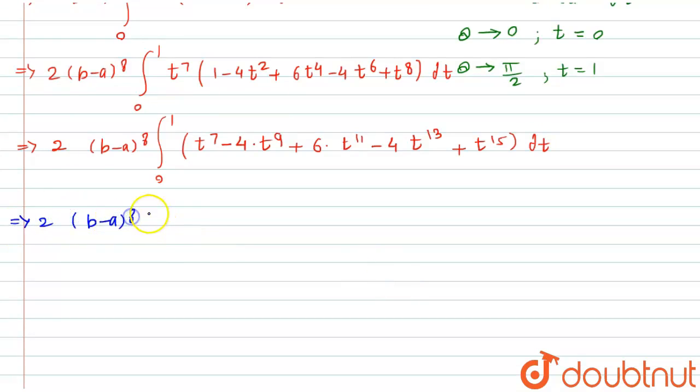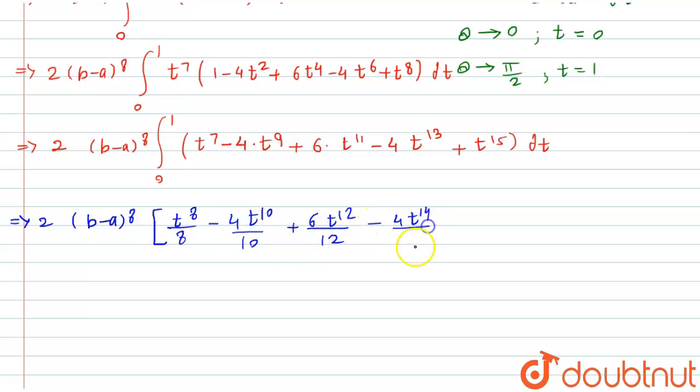Now if we simply apply the integration formula here, this implies 2 (b minus a) raised to 8, and here we will have t raised to 8 divided by 8 minus 4 t raised to 10 divided by 10 plus 6 t raised to 12 divided by 12 minus 4 t raised to 14 divided by 14 plus t raised to 16 divided by 16.